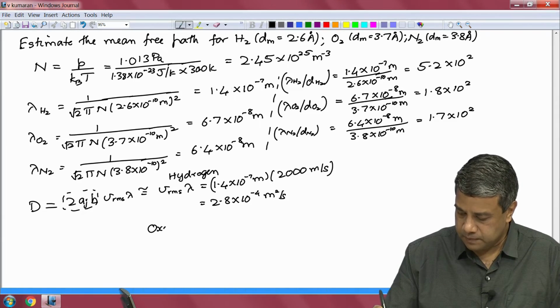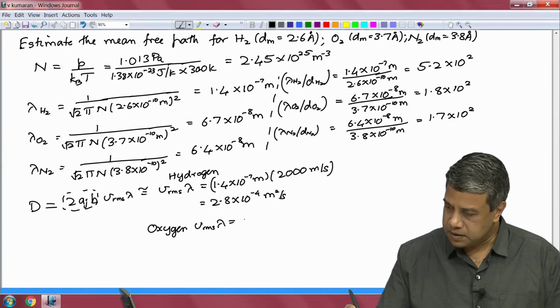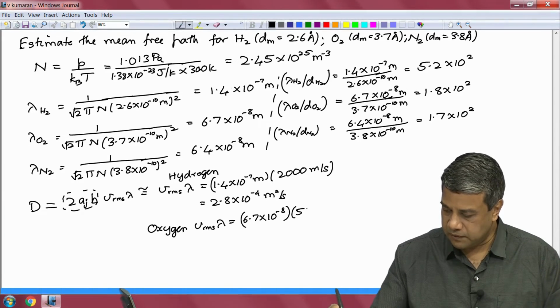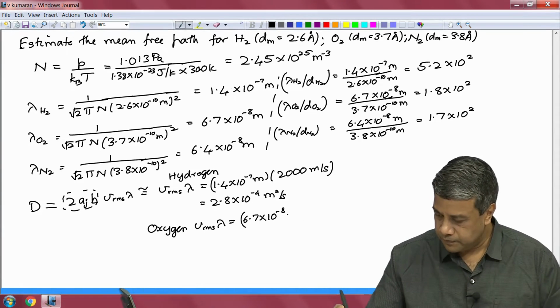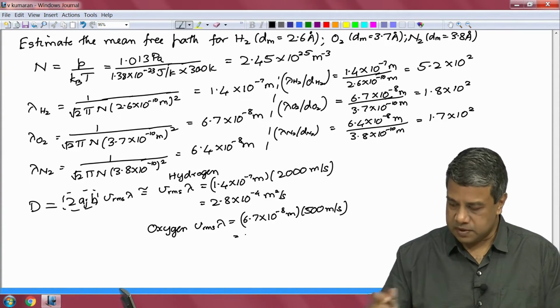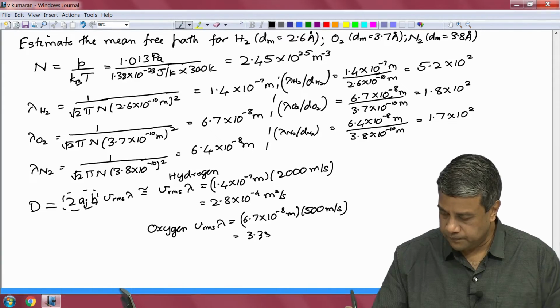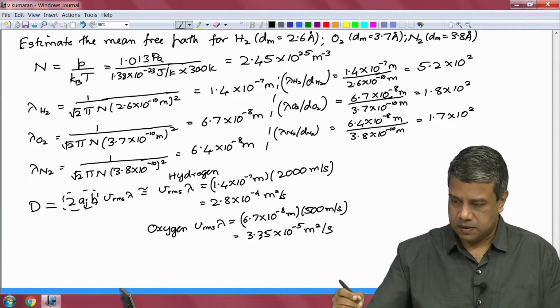For oxygen, it is equal to about 6.7 into 10 power minus 8 into about 500 meters per second. So, this will be approximately 3.35 into 10 power minus 5 meter square per second.